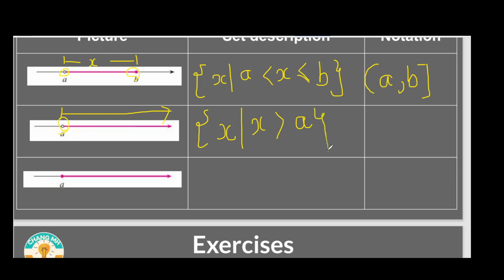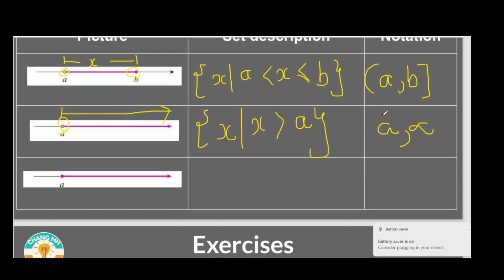So this is the set description, and in notation you can write A comma, as all the values greater than A. So we will define it as A, plus infinity.